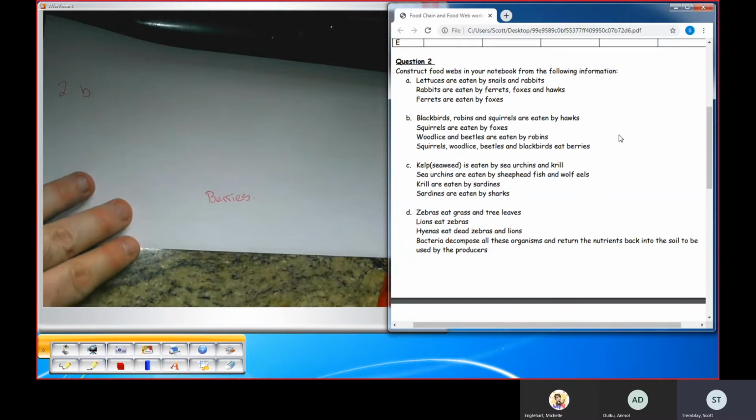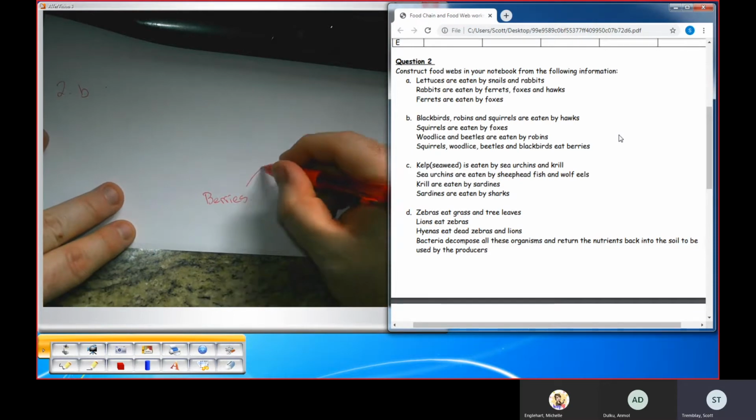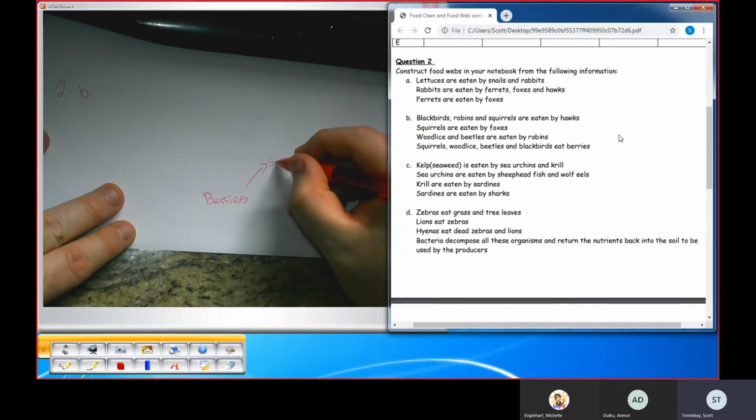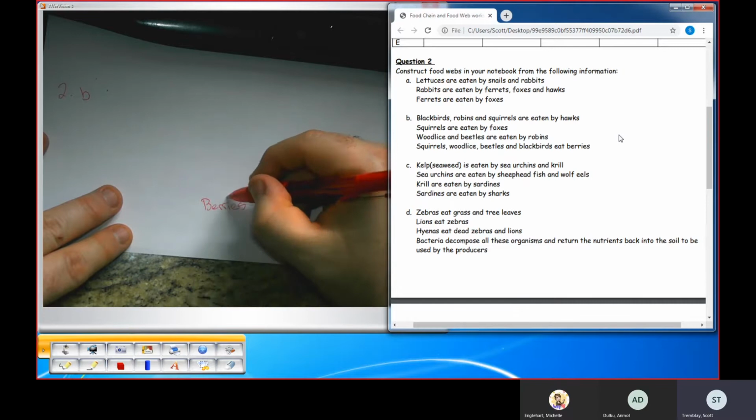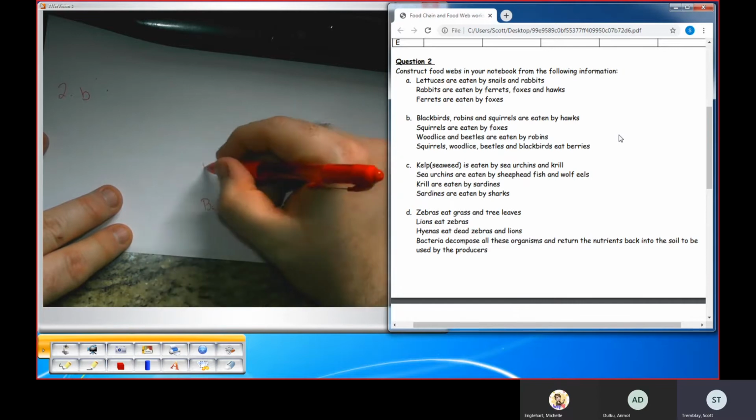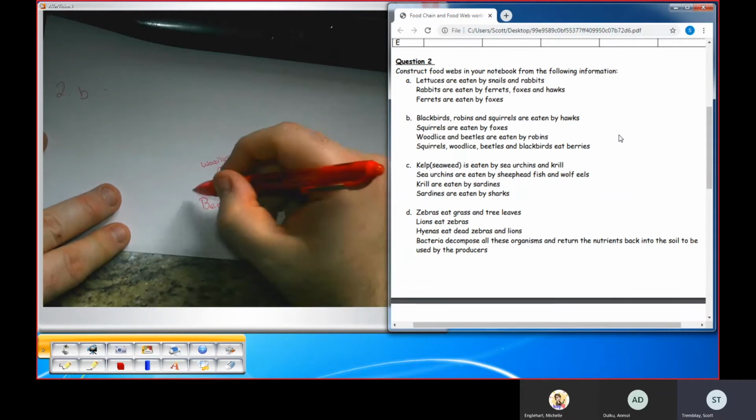Okay, and then who's eating the berries? Well, it's going to be the squirrels. Now you notice I have the arrow going up because the berries are feeding their energy to the squirrels. We have woodlice. We have beetles.